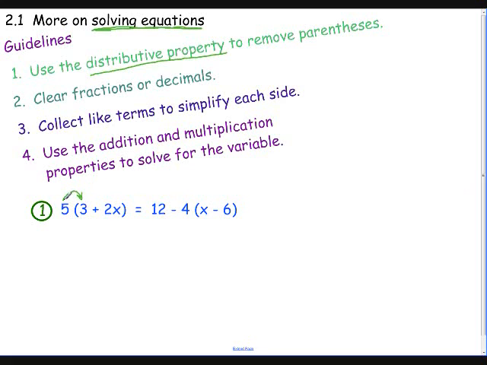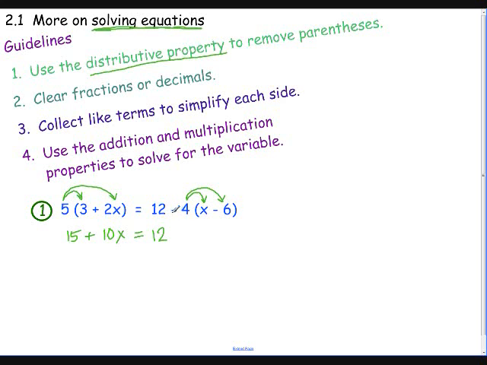I've got x trapped inside this set of parentheses and also over here. So this will become 15 plus 10x, that's right. Nothing needs to be done to the 12. It's a positive 12.